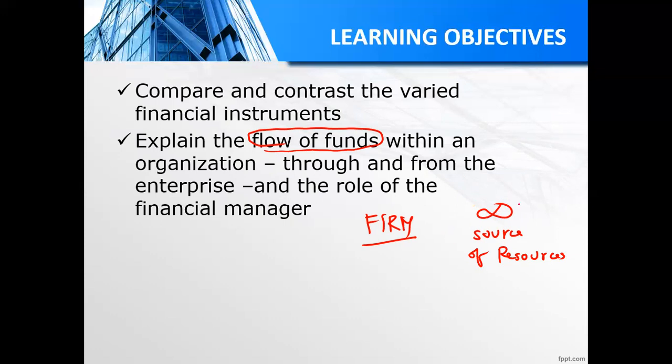It means that there is a limit, there's a constraint as far as the funds is concerned. So the role of finance is to be able to acquire resources for the firm so that it can fund its projects. Another role of finance is to identify projects that should be able to increase the value of the firm.